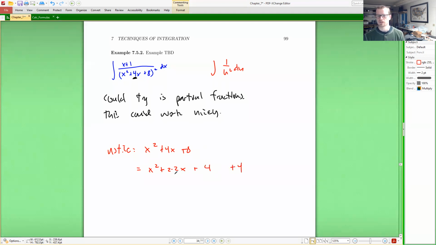So 2 times 2x identifies for us a b value in the idea of completing the square of x plus b squared, x squared plus 2bx plus b squared. So this is our b value, this is b squared, but it can be written as 4 and 4. So this in fact gives us x plus 2 squared plus 2 squared.